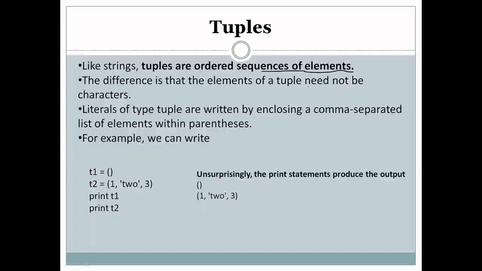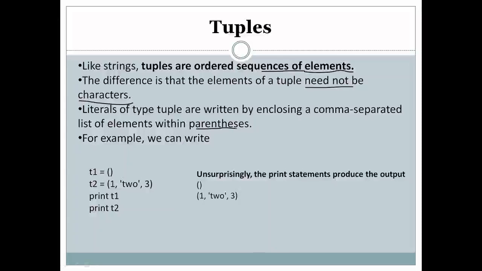The elements of a str are all characters, but elements of a tuple need not be of type character. A tuple can contain elements of any type. Literals of type tuple are written by enclosing a comma separated list of elements within parentheses.